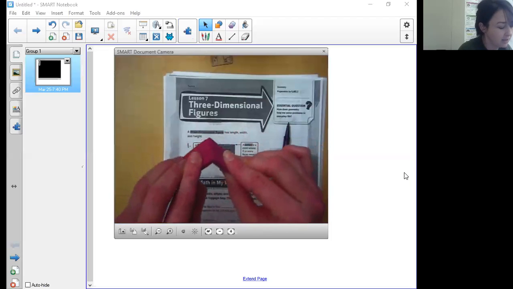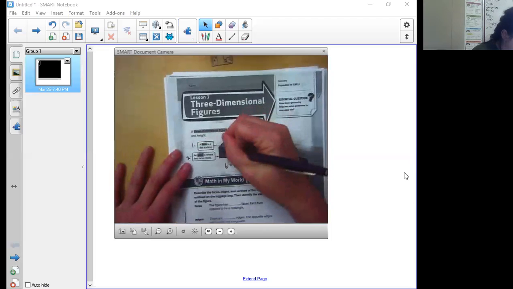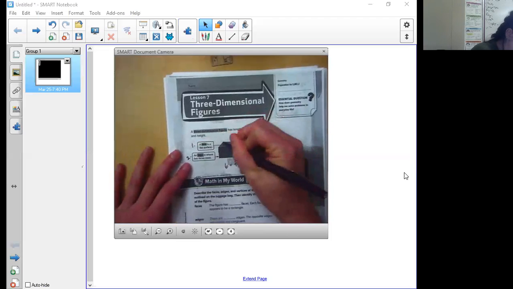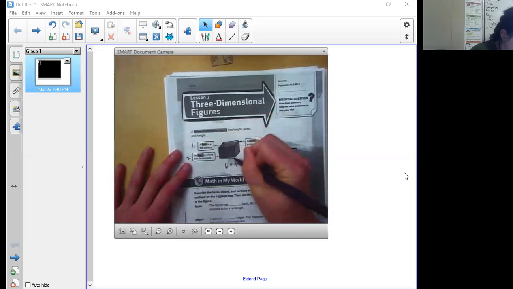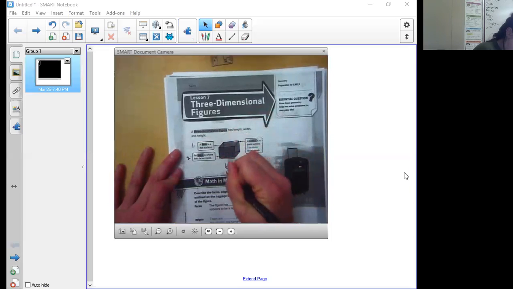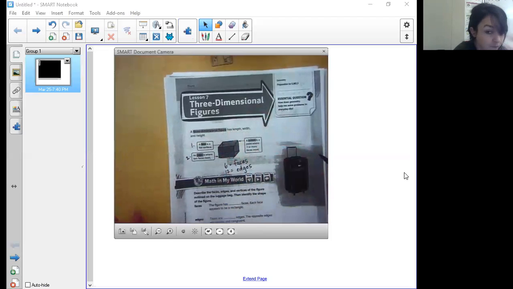That makes sense, doesn't it? The edge where they meet? Yes. So on this cube, we have 1, 2, 3, 4, 5, 6, 7, 8, 9, 10, 11, 12. We have 12 edges. These are where those faces come together and they meet. Kind of makes sense that there would be 12 of them.